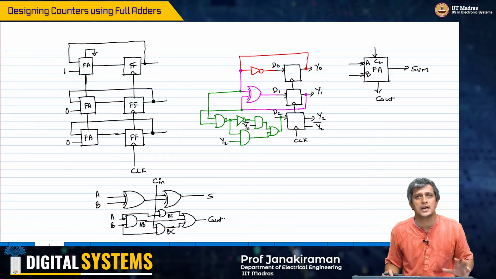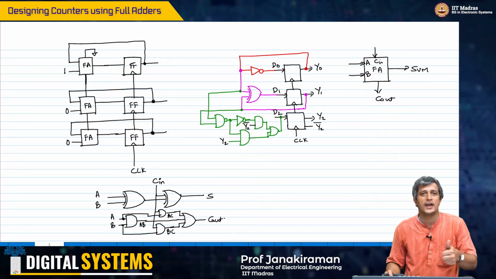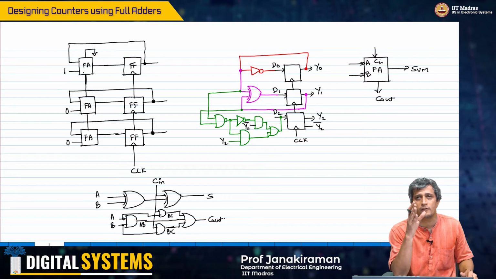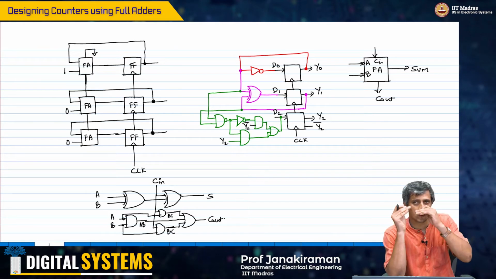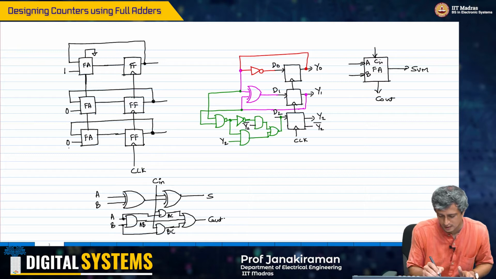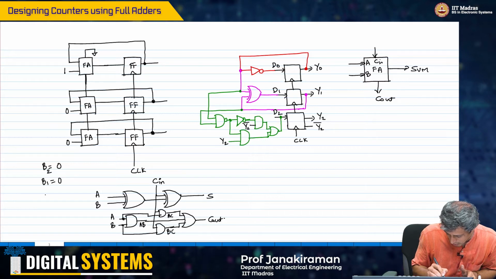So now let us analyze what happens to each of these full adders. In what we have done, to the full adder we have assigned the B input to a constant number, that is 0, 0, 1, starting from MSB to LSB, right. So B2 equal to 0, B1 equal to 0, B0 equal to 1.